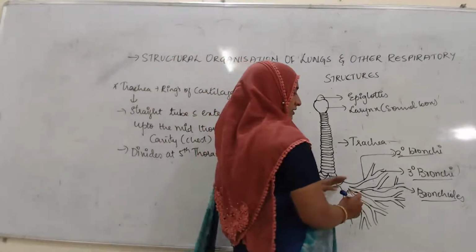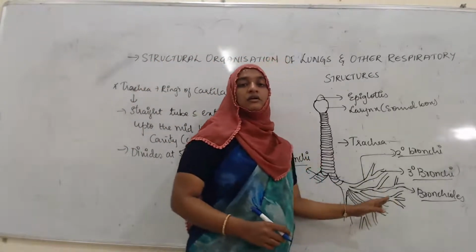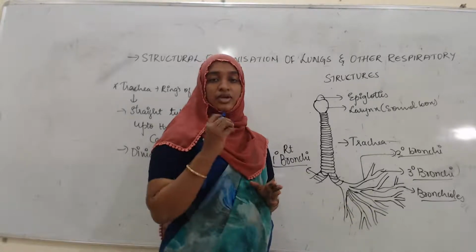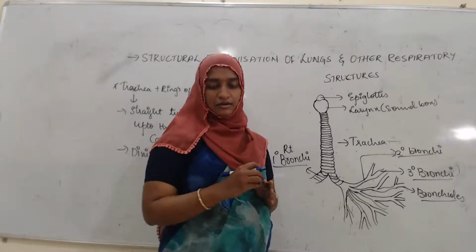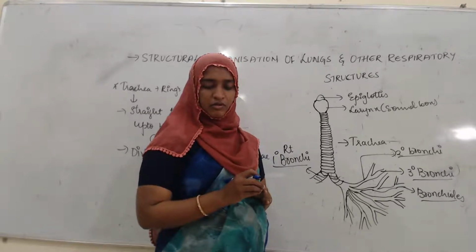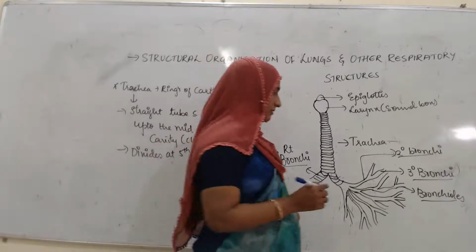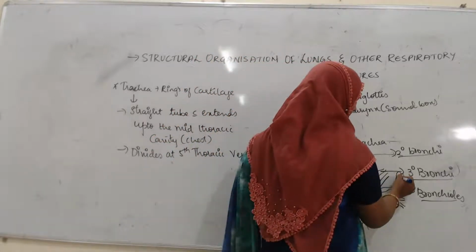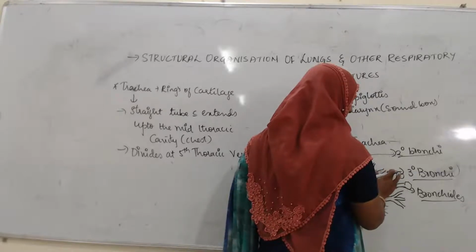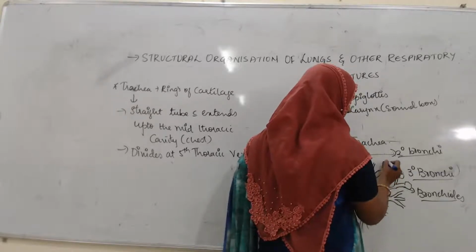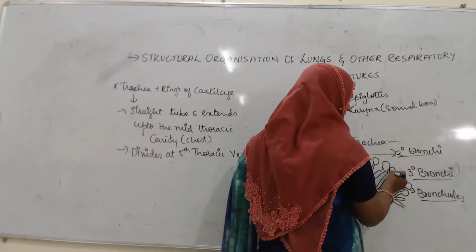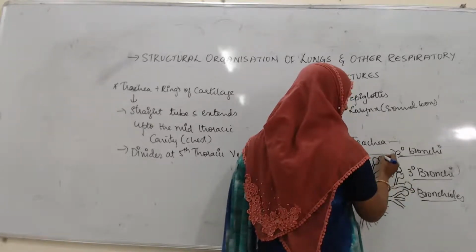So here, the terminal bronchioles will give rise to a number of very thin sac-like vascularized bags. Here you see many of them, like this.